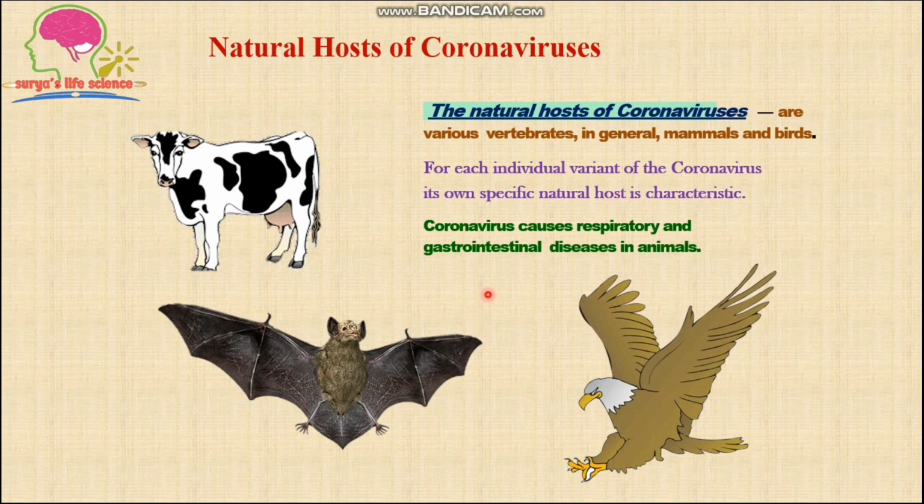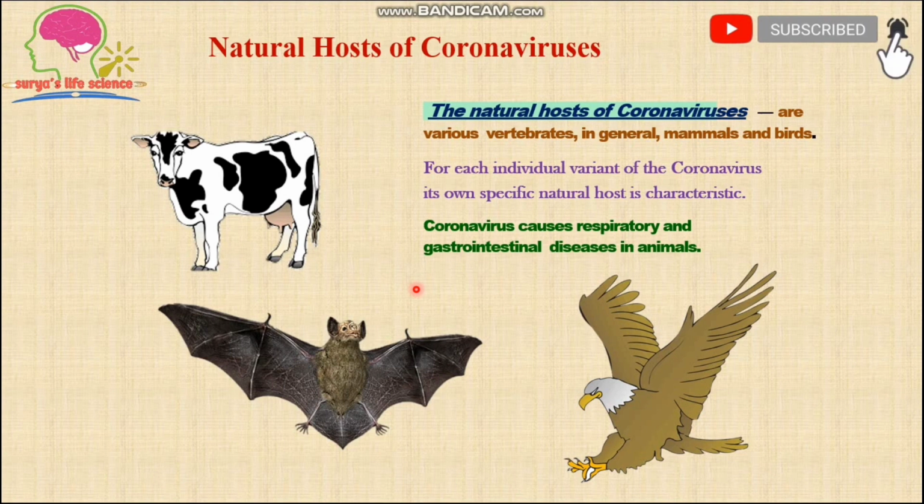That is, a coronavirus affecting cattle will not affect a bat, and a coronavirus affecting a bat will not affect cattle. But this is not so true in the case of the new SARS CoV-2 virus, because the same virus which has affected millions of people is also affecting felines like lions and tigers. Coronavirus causes respiratory and gastrointestinal diseases in animals, and SARS CoV-2 is also doing the same in humans. So that's all about the natural host system of the coronaviruses.